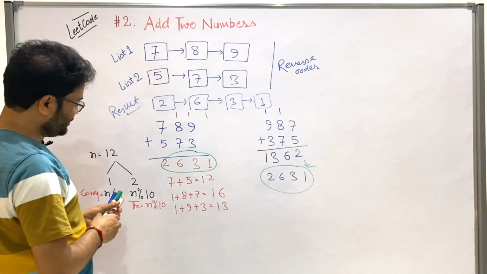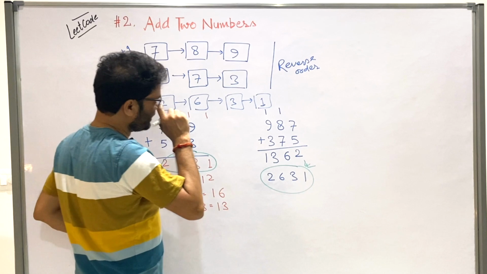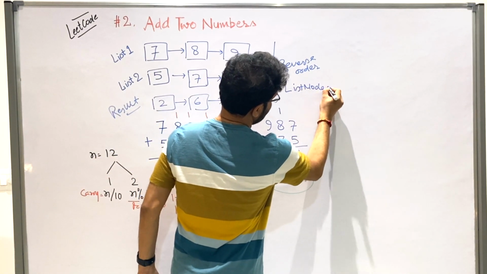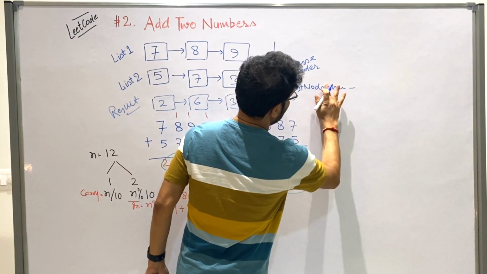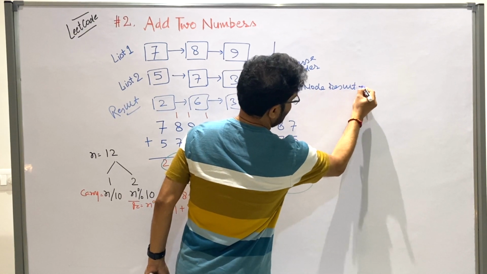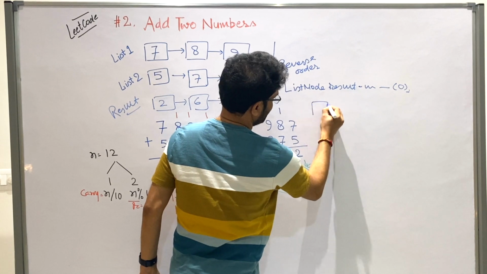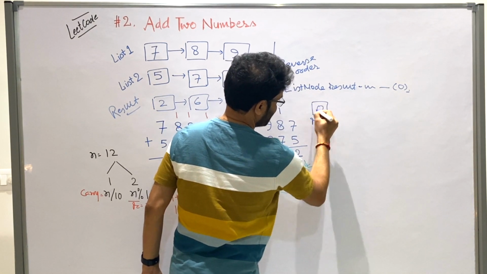So let me do it again. How can we start that? We will create one list node with the name result, and to start you can put 0. So we got result, and data is 0.